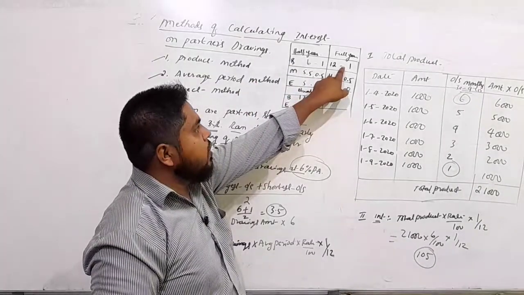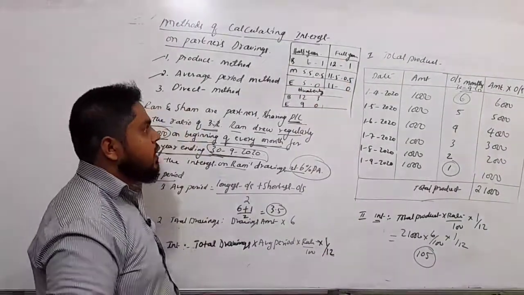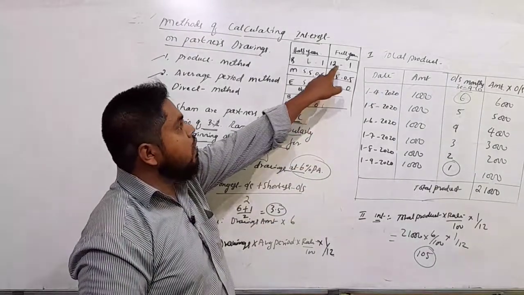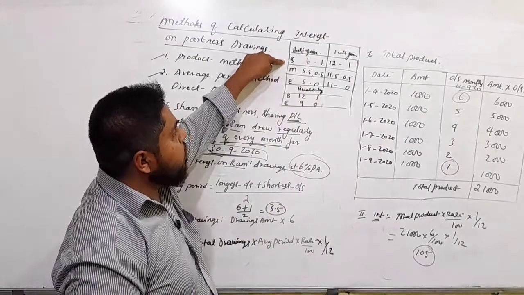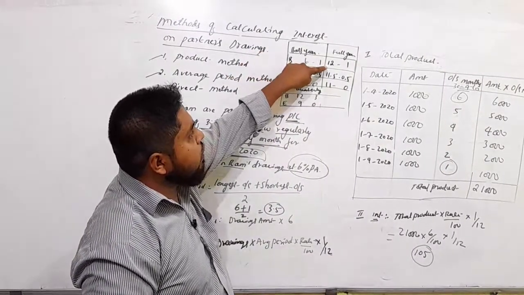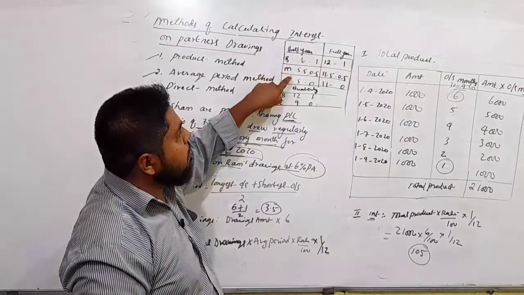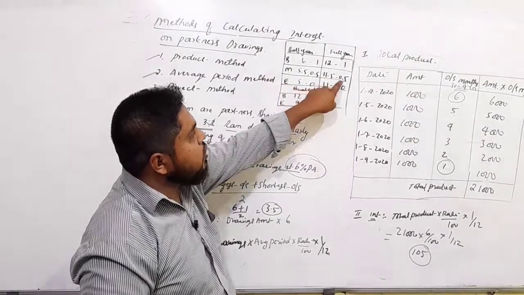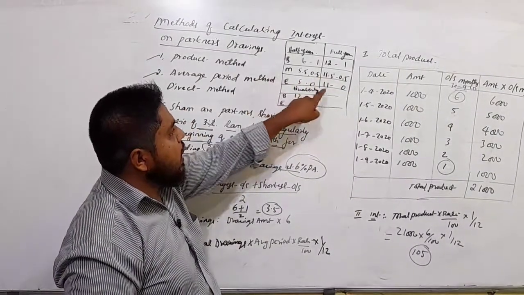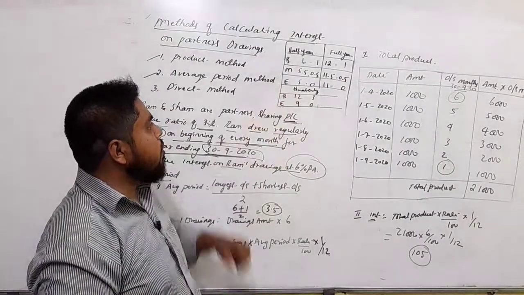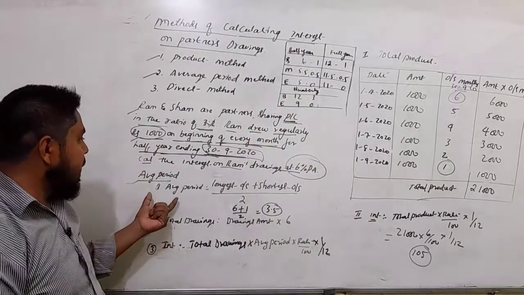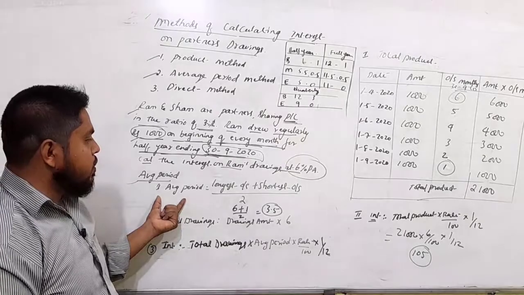For the full year, which I did in the first video session: if withdrawals at the beginning, longest 12, shortest 1; middle 11.5 and 0.5; and end 11 and 0. So this is the shortcut table we can remember to calculate the average period.